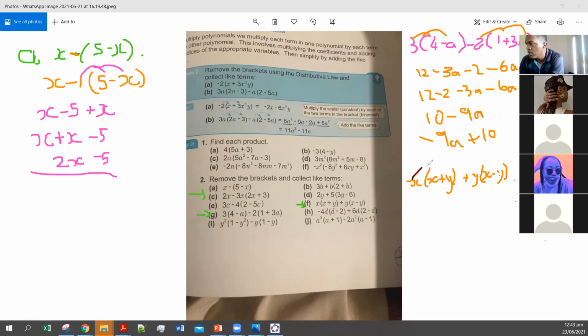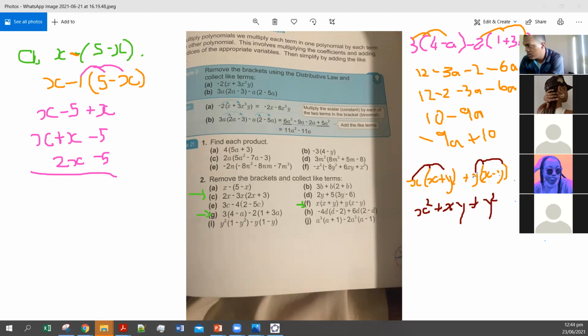So x again will multiply everything inside the bracket. The y will multiply everything inside the bracket. So the first answer will be x squared. X times x is x squared, plus x times y is xy. Then we have plus y times y is y squared.